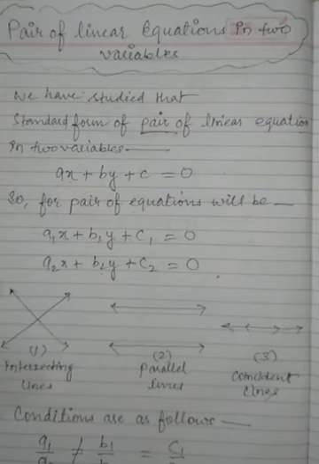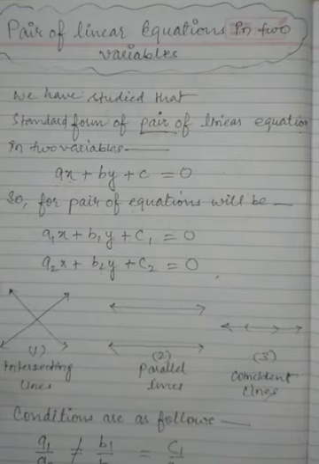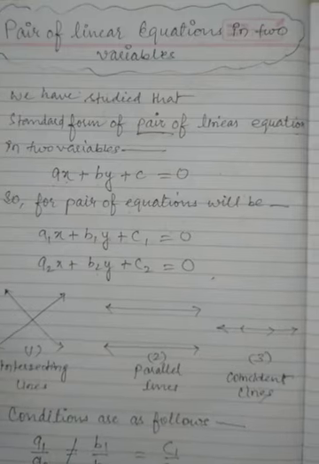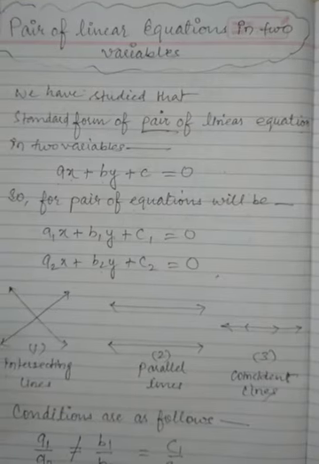If A1 upon A2 is not equal to B1 upon B2, may be equal to C1 upon C2 or may not be equal to C1 upon C2, doesn't matter. We have to only see these two. If they are not equal, then in that case, the lines will be intersecting lines.